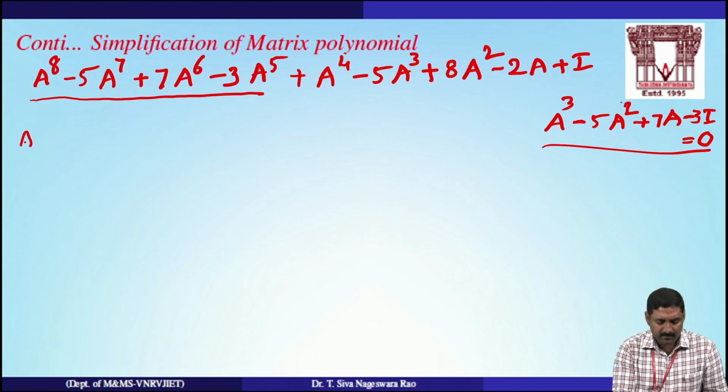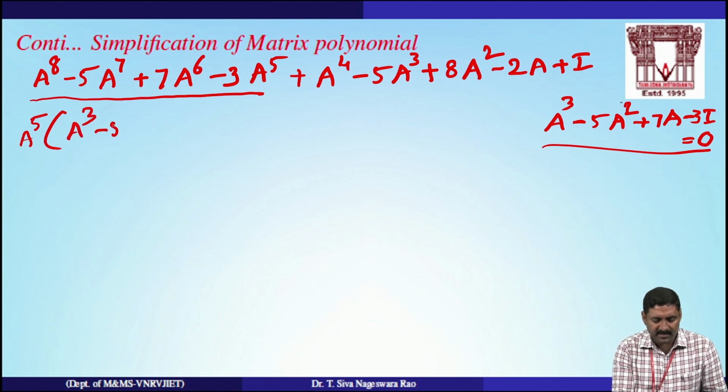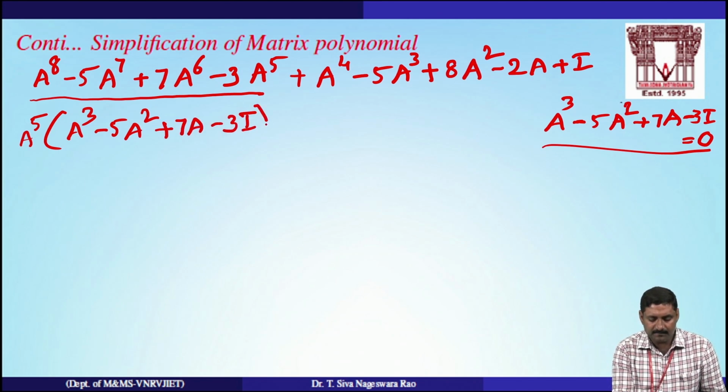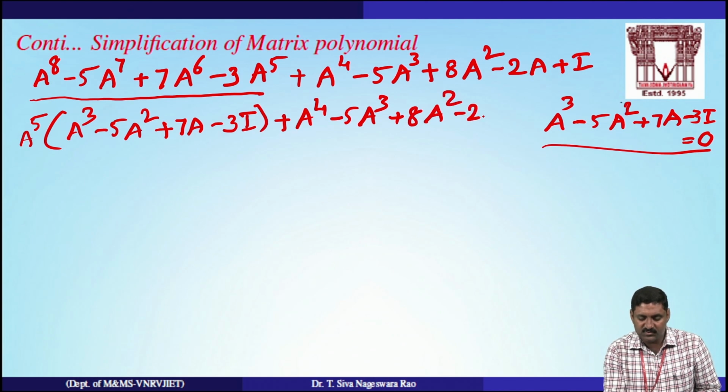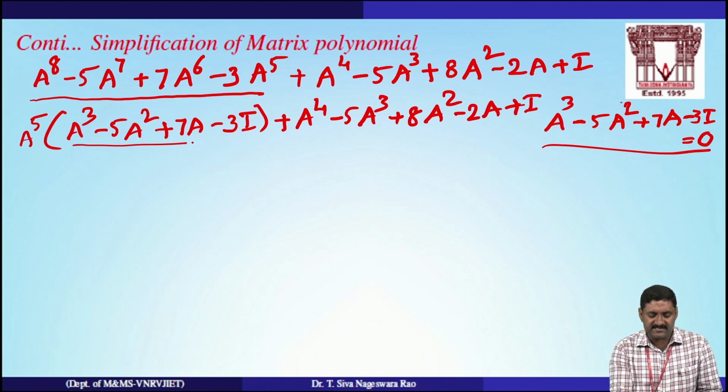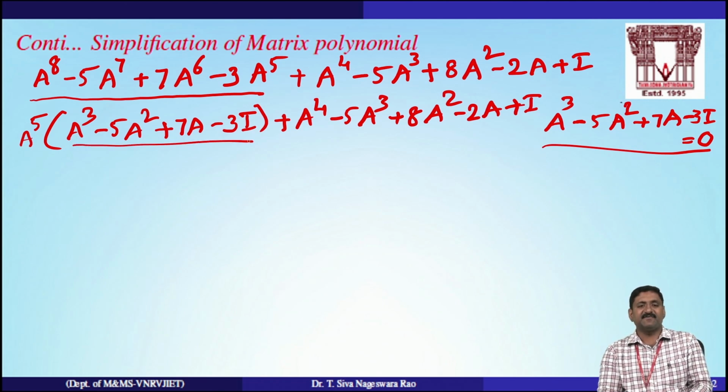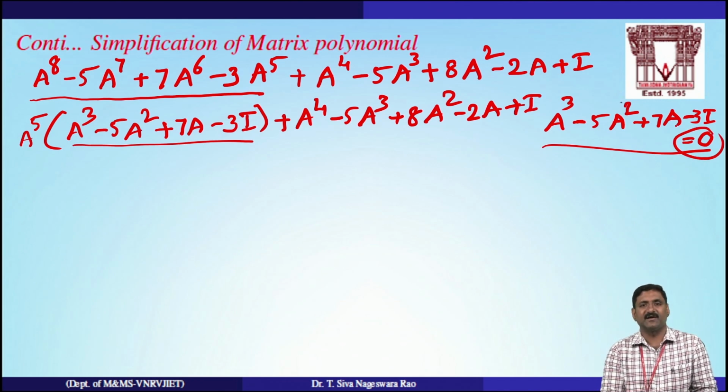That is A power 5 into A cube minus 5A square plus 7A minus 3I, plus A power 4 minus 5A cube plus 8A square minus 2A plus I. If you observe this expression, A cube minus 5A square plus 7A minus 3I, what is its value? 0 matrix.